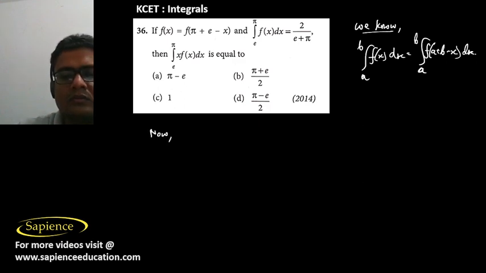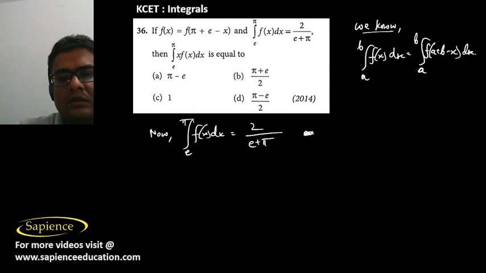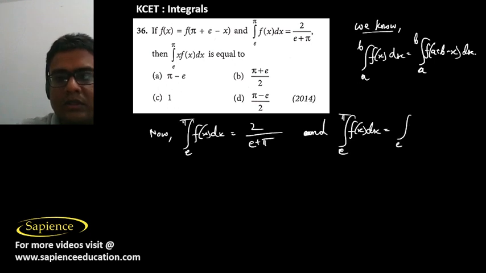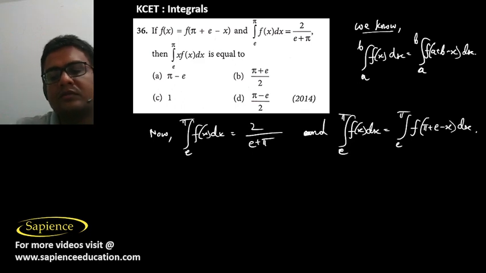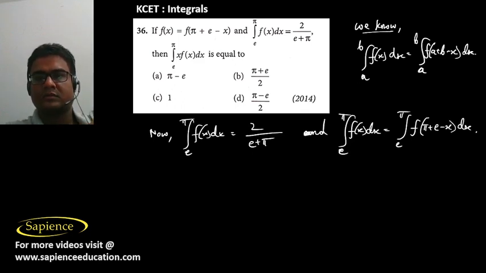Now integral e to pi f of x dx is equal to 2 by e plus pi, and integral e to pi of f of x dx is equal to integral e to pi of f of pi plus e minus x dx. These two are also the same.